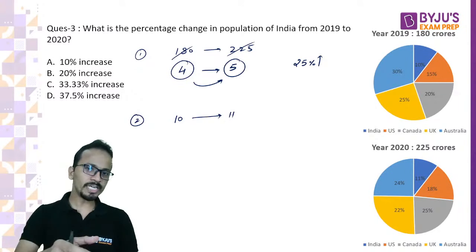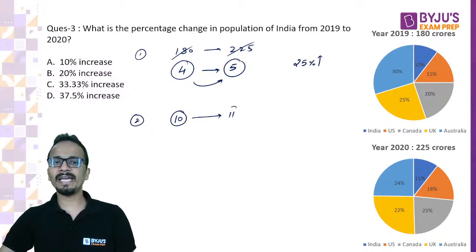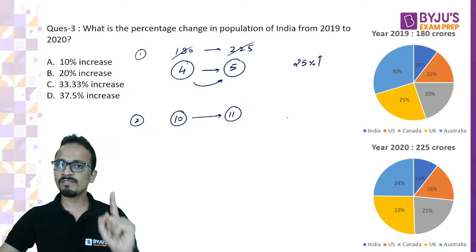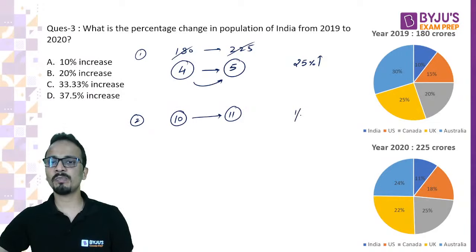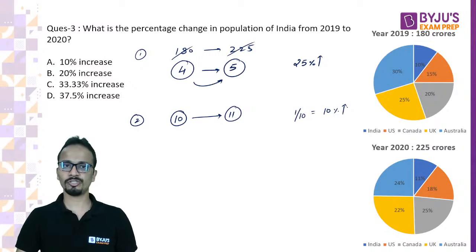So initially it was 10 and finally it is 11. So this value 10 to 11 has changed by what percentage? Original value is 10, final value is 11. So it has changed by 1 upon 10, or in terms of percentages, it has increased by 10%.